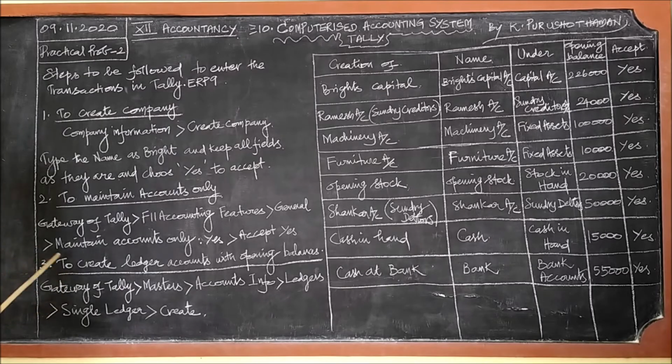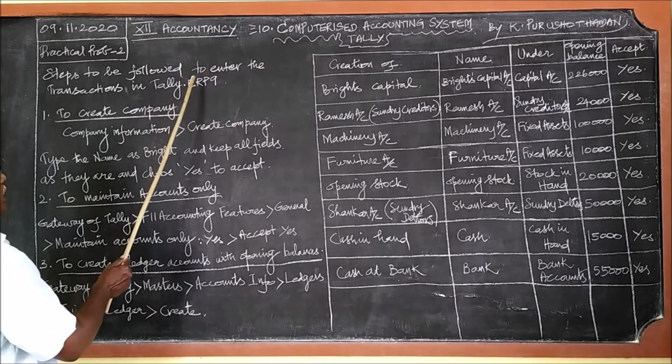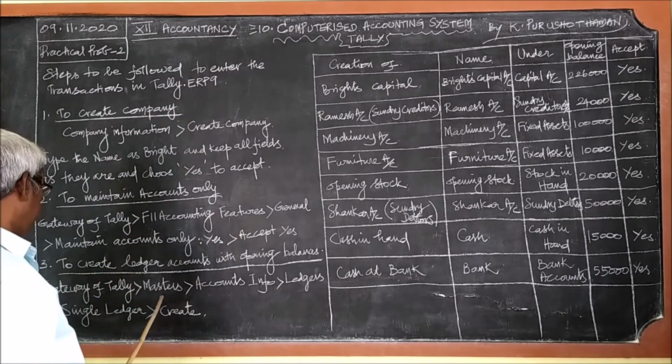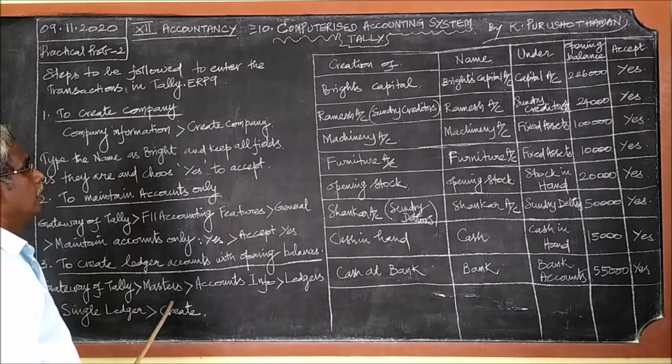From those, you select a single ledger in which you are going to pass entries, and create it. These are the 3 steps to be followed to enter the transactions in Tally ERP9.